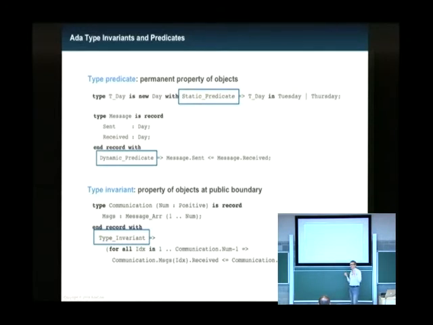You can represent things like, I want to make sure that the date when the message was sent is always before the date when the message was received. This is the kind of expressiveness that you can get. We are not going to go into the details, but you can also define this kind of characteristics for private types that you are using through a specified interface. But that's mostly a detail.